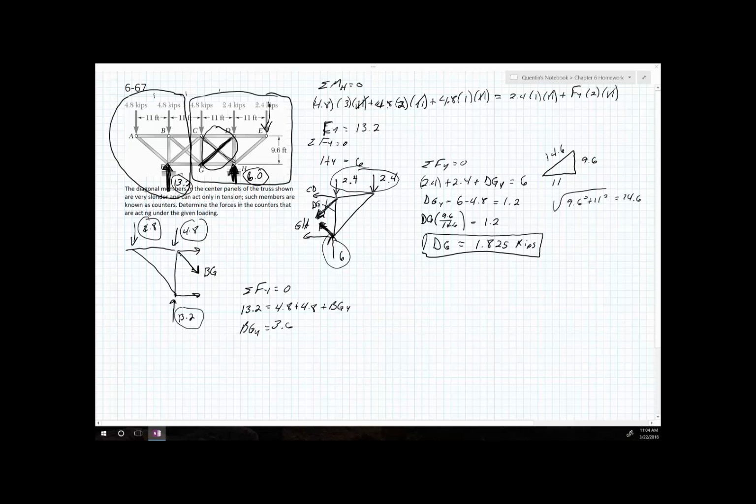Here again we have the same triangle as this one over here, so therefore BG times 9.6 over 14.6 is equal to 3.6, so therefore BG is equal to 5.475 kips, and that's in tension by definition because it only makes sense if it's in tension.